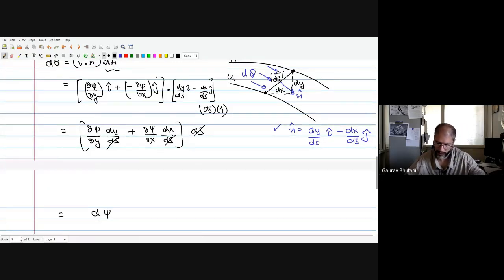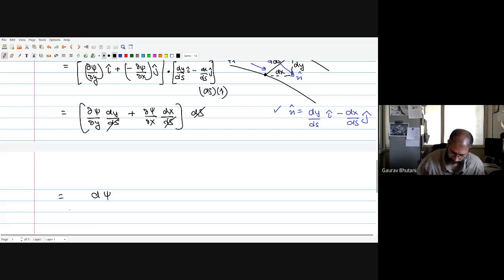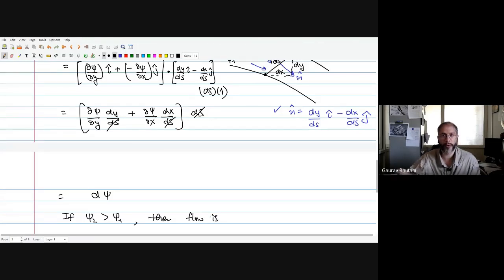Right. In this case, we can see that since it's d psi, if psi 2 is greater than psi 1, then, since we drew a normal, the flow is from left to right in this situation.